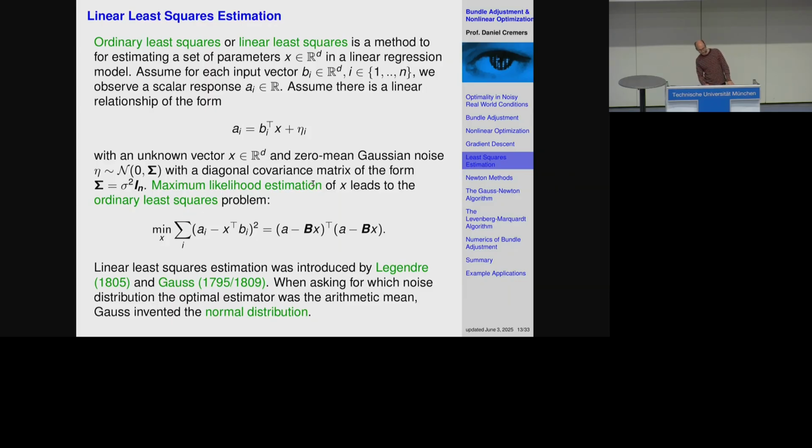Well, you set up the probability distribution, you maximize it, and then you can equivalently minimize the negative logarithm. If you apply the negative log to a Gaussian distribution, you end up with a quadratic loss. It's a fairly standard procedure. And so you have this loss function, which you can write as (a minus bx) transpose times (a minus bx), where b is the matrix containing the vectors bi.